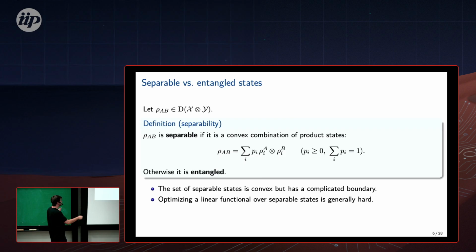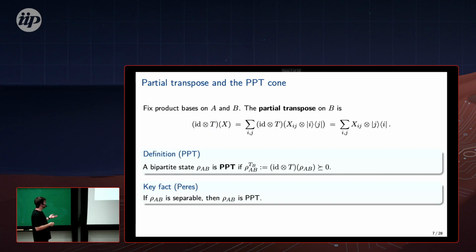So we immediately get a positive decomposition of this form for the matrix rho AB with the partial transpose. All we need to do is apply the transpose to this second bit over here. Okay, so far so good. So we see that if rho AB is separable, then rho AB is PPT. Any questions so far on this idea?